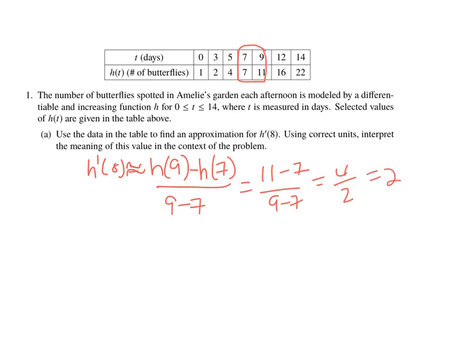Now, make sure that you also have your correct units, and you need an interpretation. So for the units, the easiest way to figure it out is top of the fraction is number of butterflies. Bottom of the fraction is days. So it's going to be the number of butterflies per day.